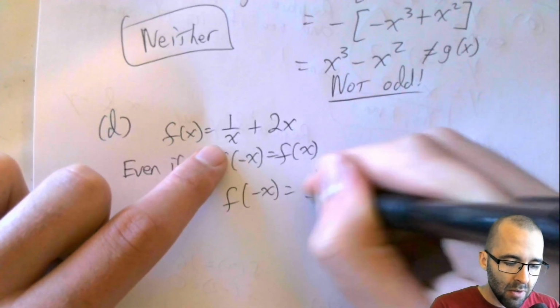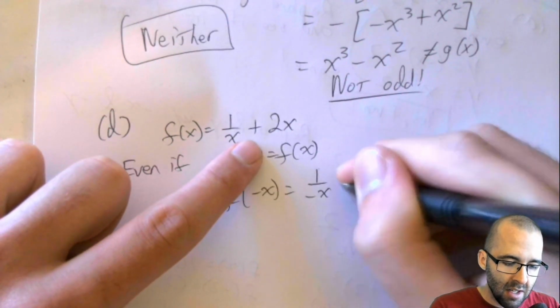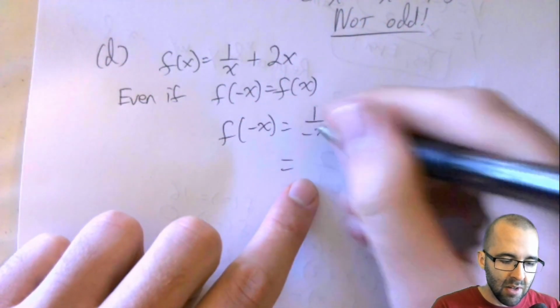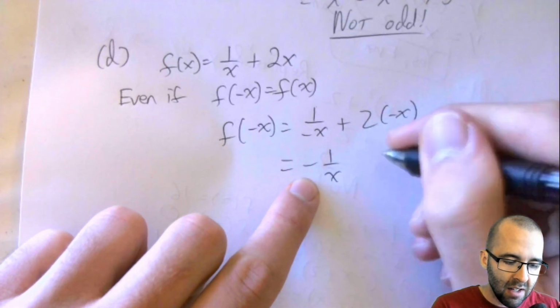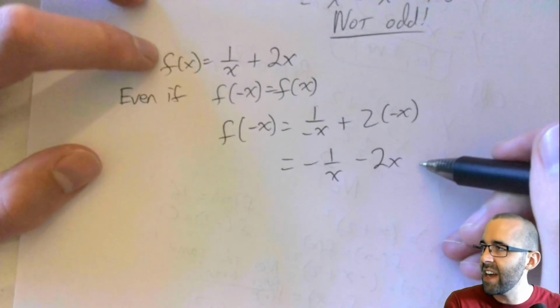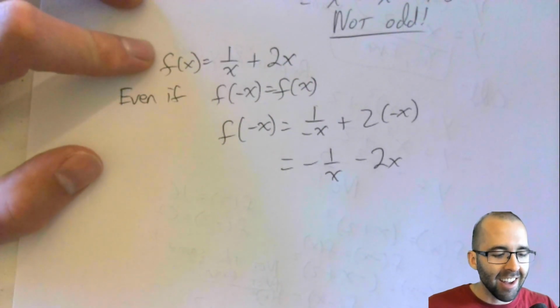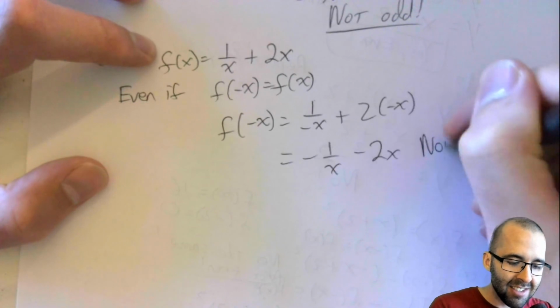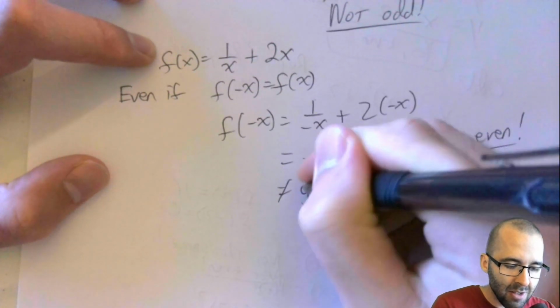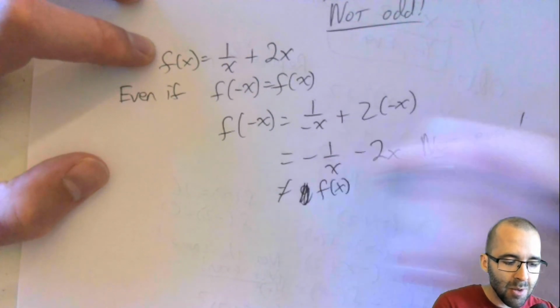That's going to be 1 over negative x plus 2 times negative x. That's going to be, well, we can write that as negative 1 over x, minus 2x. Gosh darn it, Jason, this is not the same either. Nothing's even, nothing's odd. It's not even because it's not the same. This is not equal to our original function.